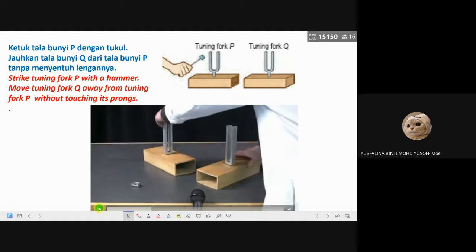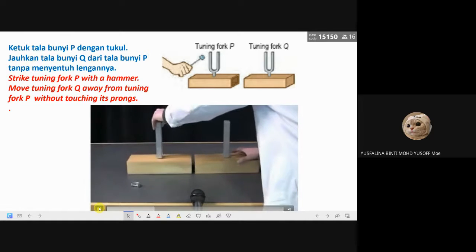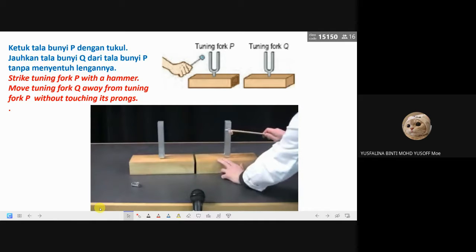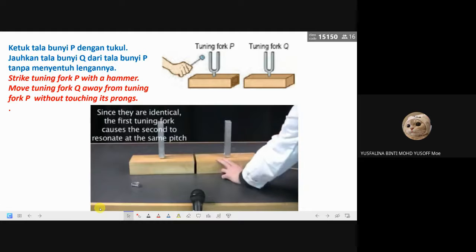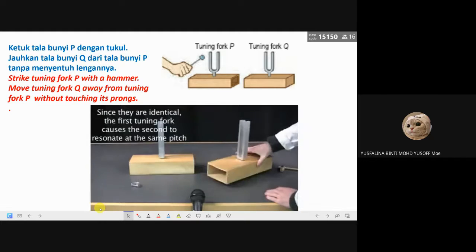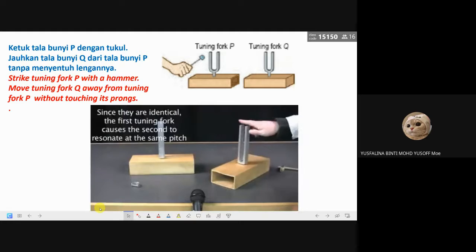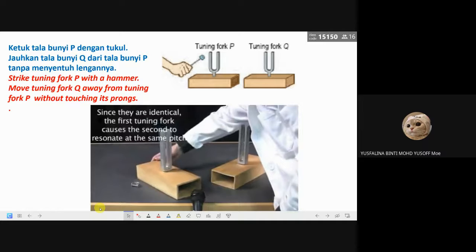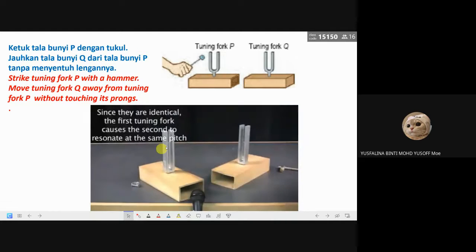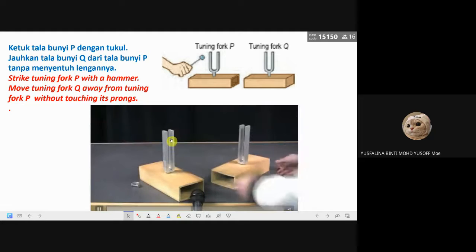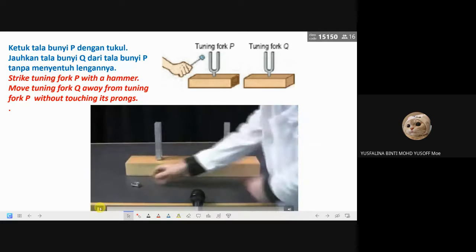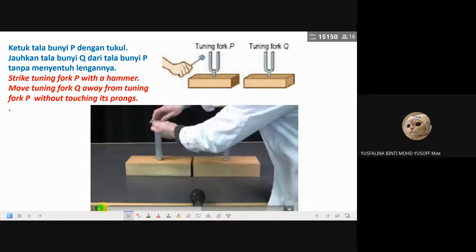So let's see again. You see, tuning fork P keeps vibrating and producing sound. Now a weight is put here.